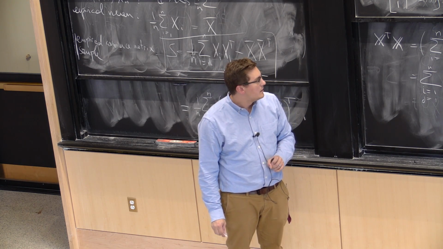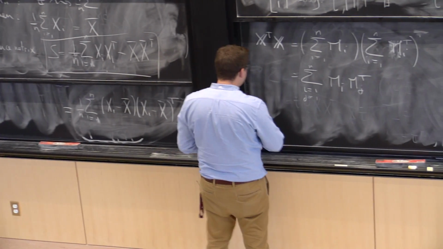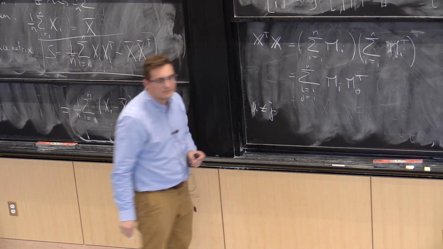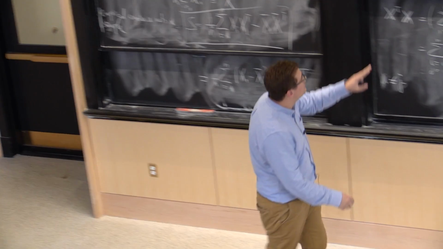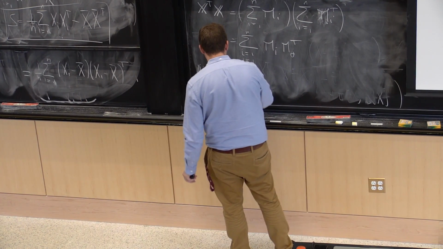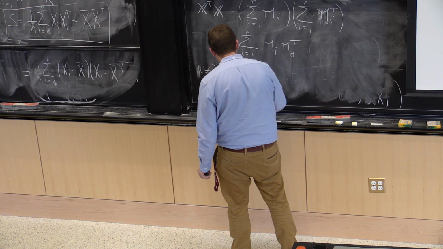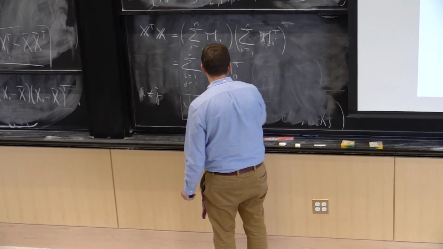And now what we want to notice is, if i is different from j, what's happening? Well, let's look at, say, m1 times m2 transpose.